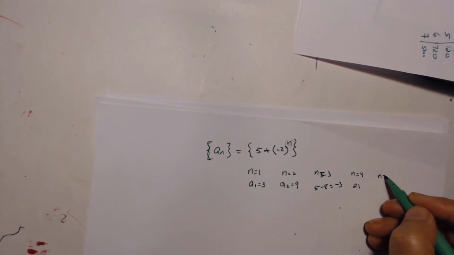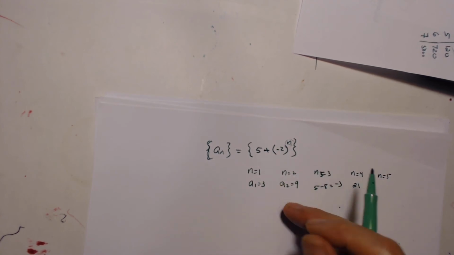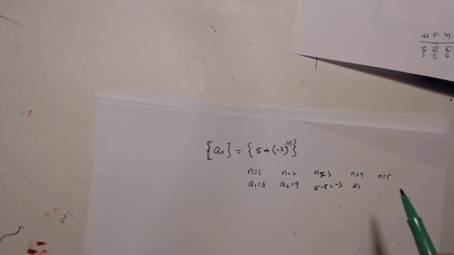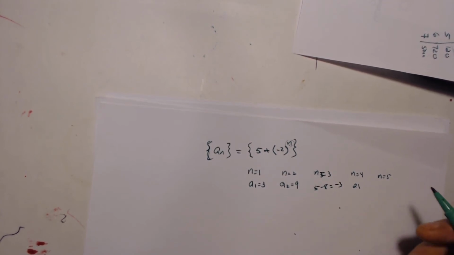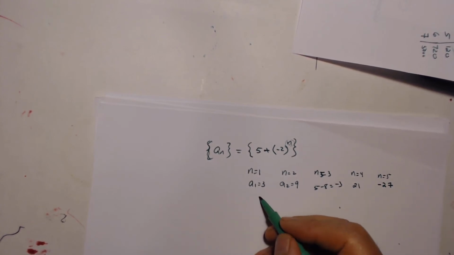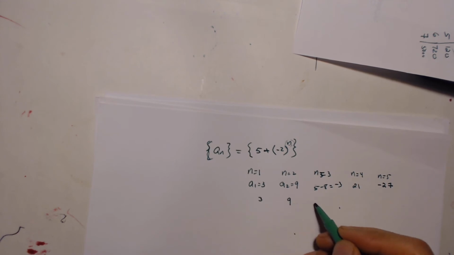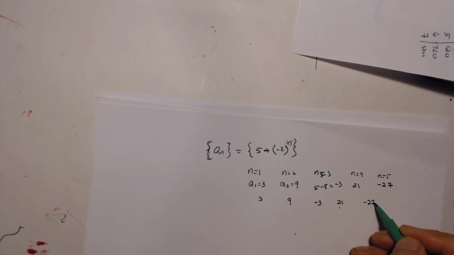When n becomes 5, negative 2 to the power of 5 is a negative number, negative 32. Negative 32 plus 5 is negative 27. Therefore, do you see you have 3, you have a 9, you have a negative 3, you have a 21, you have a negative 27.